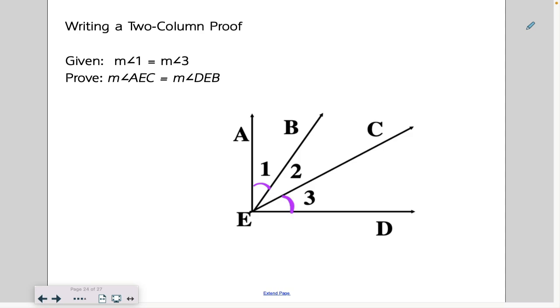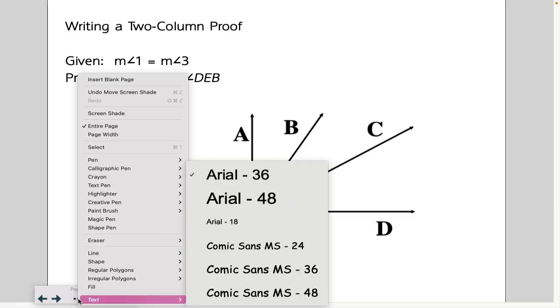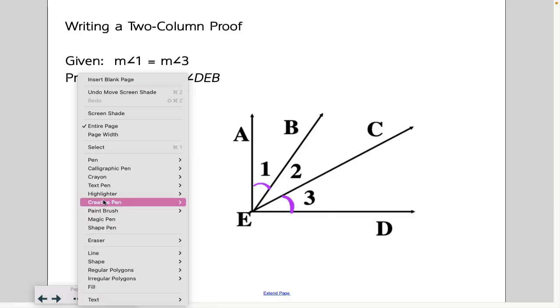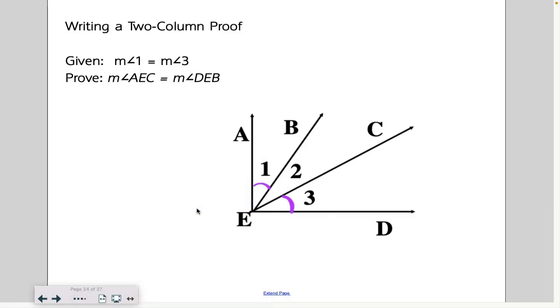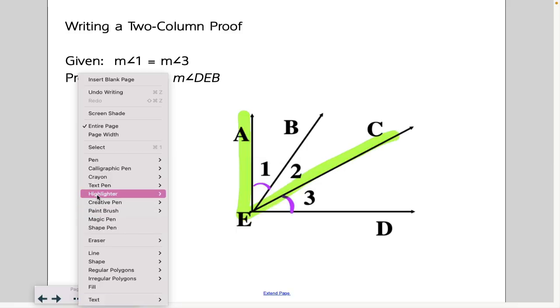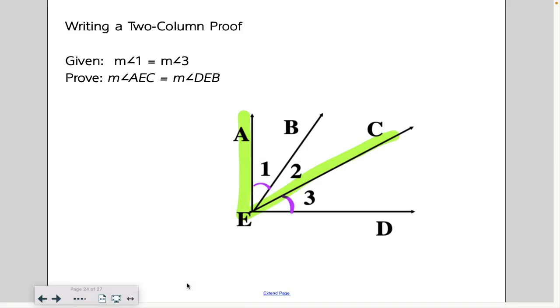My advice for students before they begin a proof is to look at the diagram and ask yourself, do you believe what they're asking you to prove? So they're given 1 and 3 are congruent, and they're asking you to prove that AEC is the same as what? DEB?